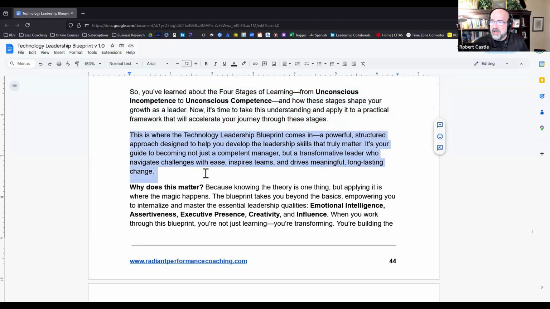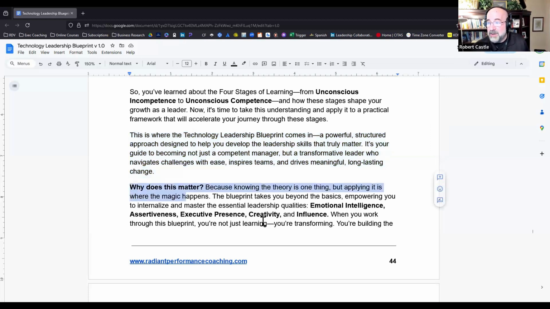This is where the technology leadership blueprint comes in, a structured approach designed to help you develop the leadership skills that truly matter. It's your guide to becoming not just a competent manager, but a transformative leader who navigates challenges with ease and inspires teams and drives meaningful, long-lasting change.